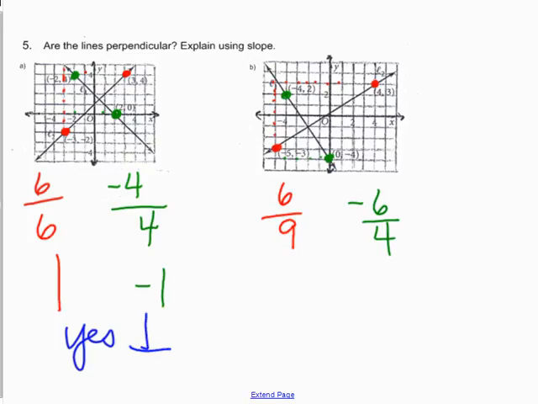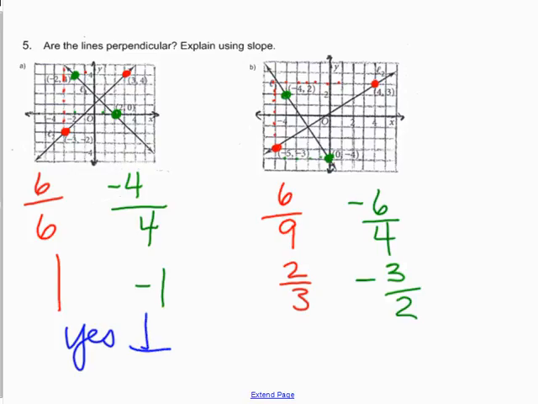All right, well, we've got to reduce. This one turns out to be 2/3. This one, the green one, turns out to be a negative 3/2. Is that right?